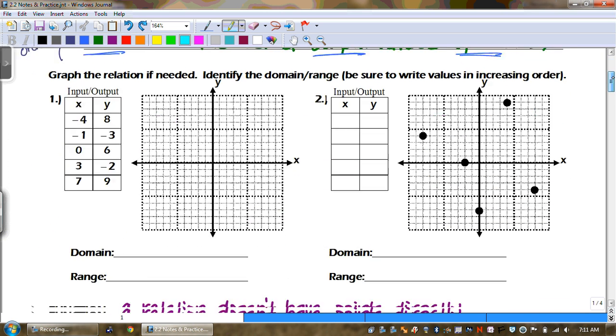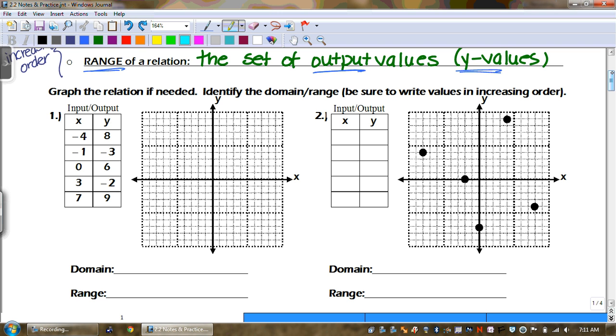All right. So let's go through an example right here. It says to graph the relation if needed. Identify the domain and range and be sure to write values in increasing order. So what they're asking us to do is to plot the points. So (-4, 8).